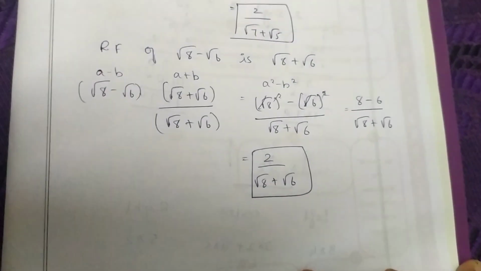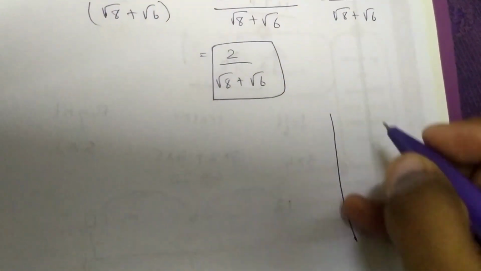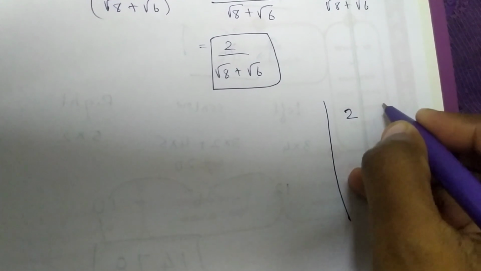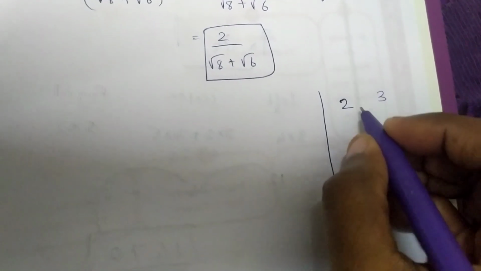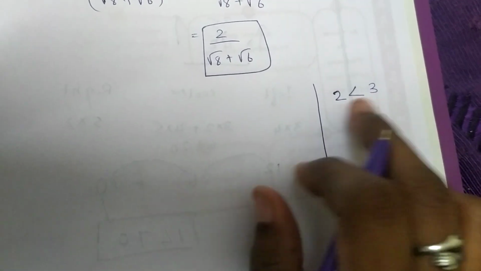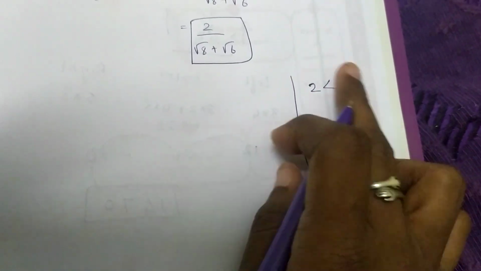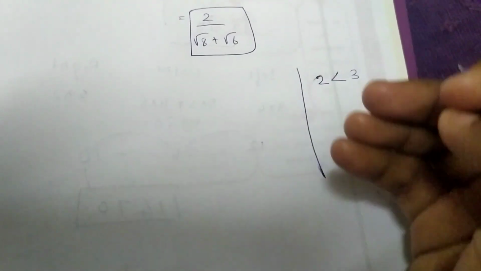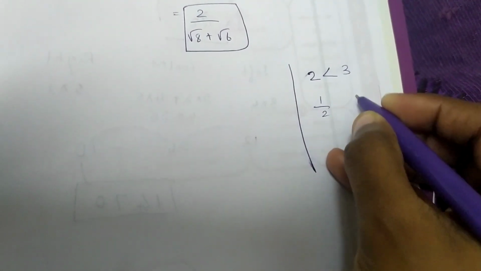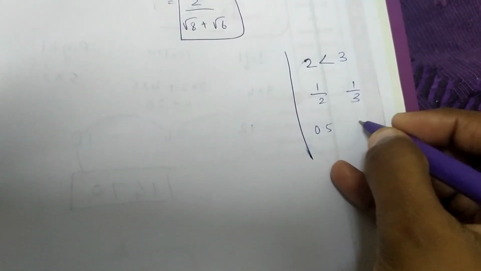I would like to tell you one concept. When you compare 2 and 3, 3 is obviously the greatest number. Suppose you take the reciprocals, 1 by 2 and 1 by 3: 1 by 2 is 0.5 and 1 by 3 is 0.333.